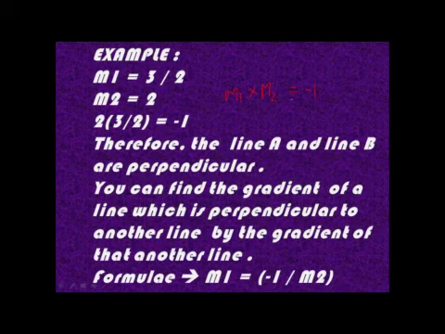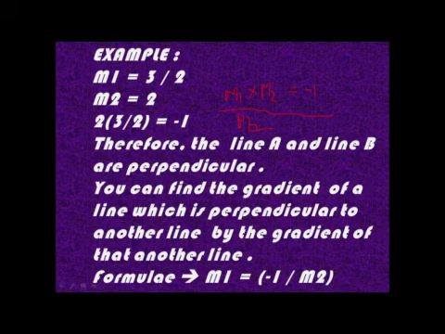If the product is minus 1, that means those two lines are perpendicular to each other. So this relationship shows whether two lines are perpendicular to each other or not. That's the formula itself. Remember this formula, or I'll just rearrange it and tell you in a moment.